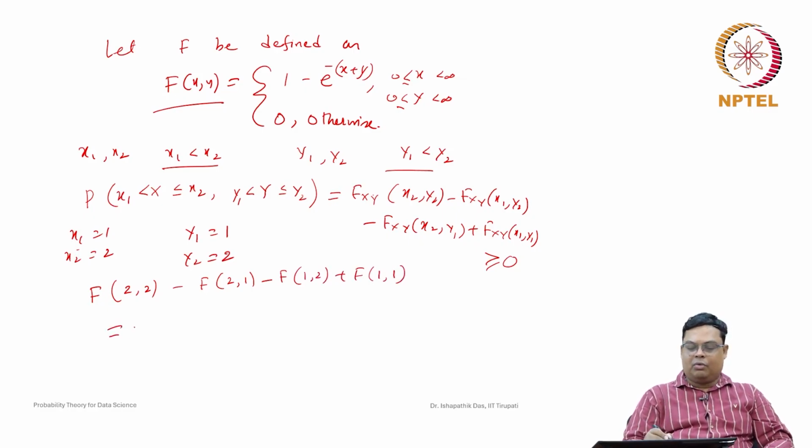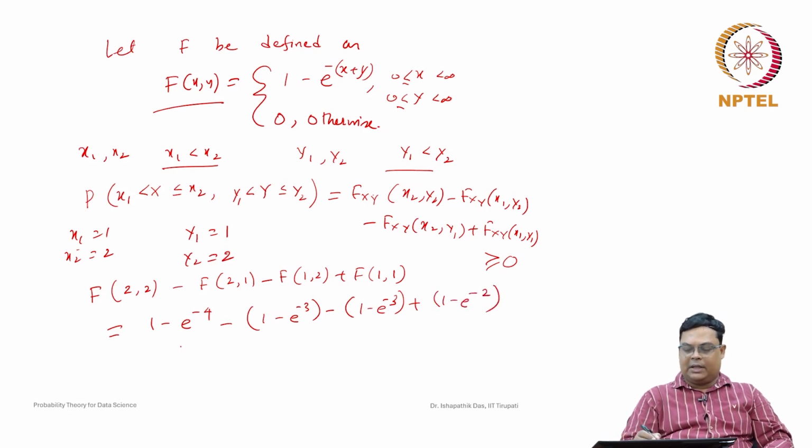F(2, 2) is 1 minus e to the power of minus (2 plus 2), this is 4, minus (1 minus e to the power of minus (2 plus 1)) which is minus 3, minus (1 minus e to the power of minus 3) again, plus (1 minus e to the power of minus 2). So, finally we get 1 minus e to the power of minus 4, and all the 1s will be cancelled.